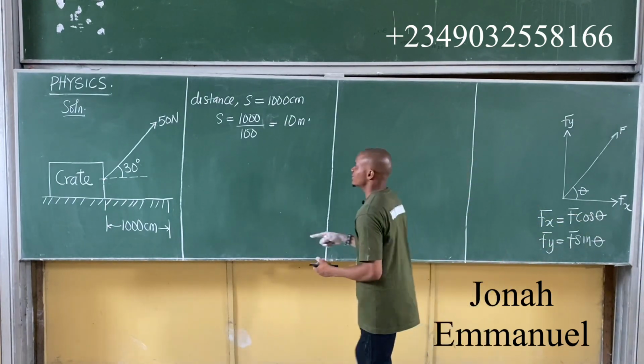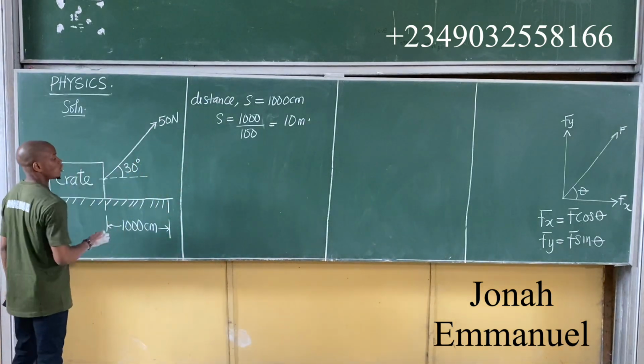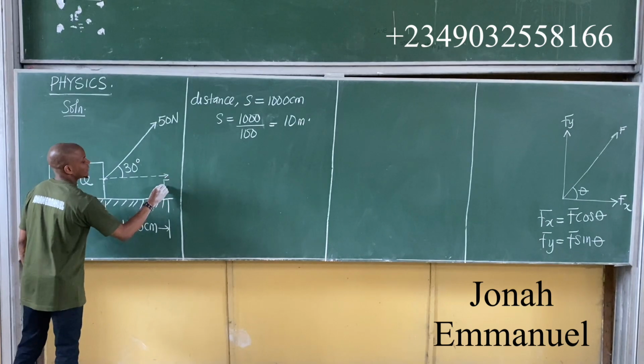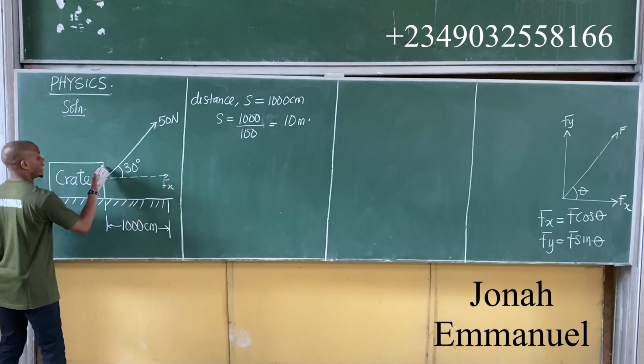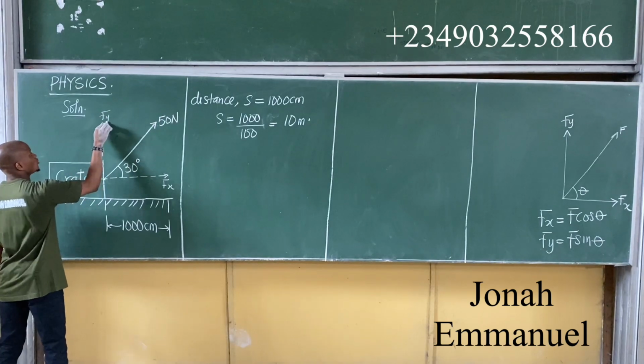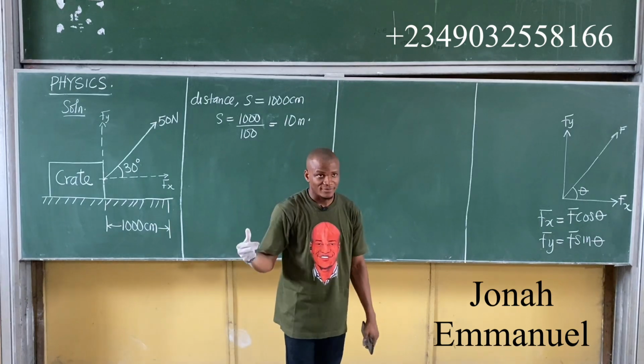Alright. So in this case, they said I'm moving this plate. That means this force has two components, the Fx component and the Fy component. The question now is, which of these two forces will be responsible for moving this plate?